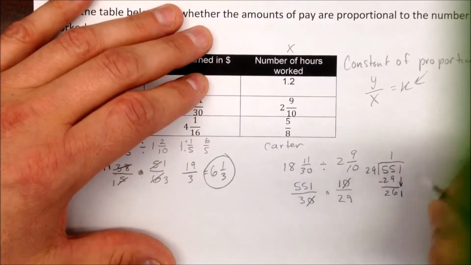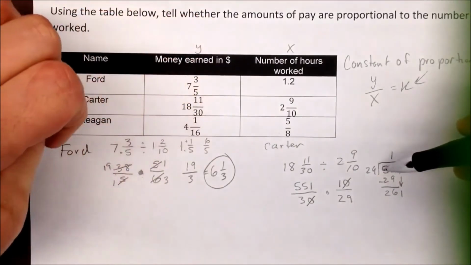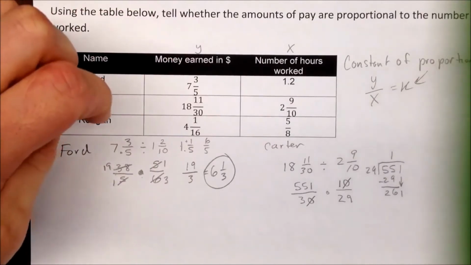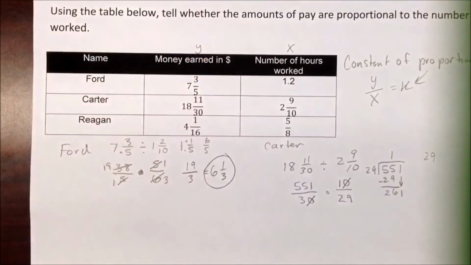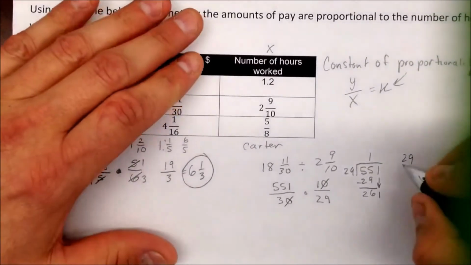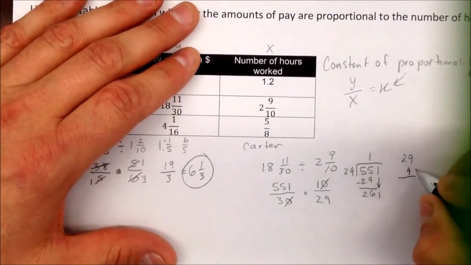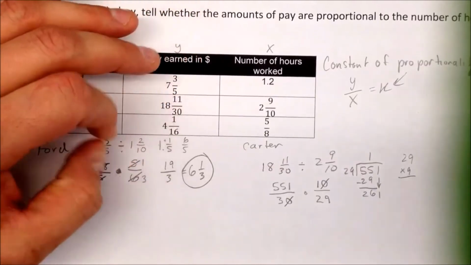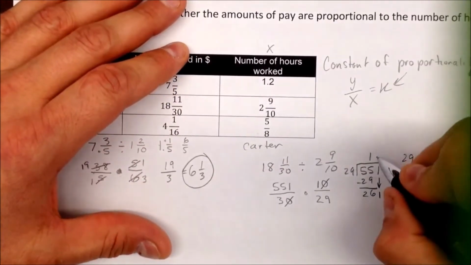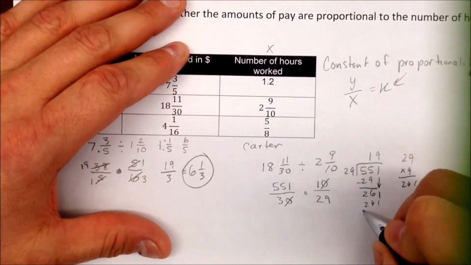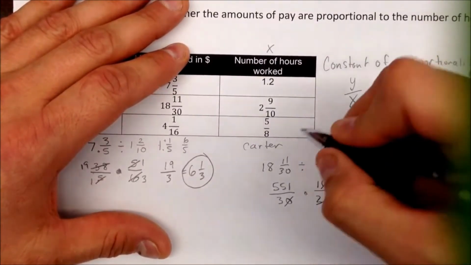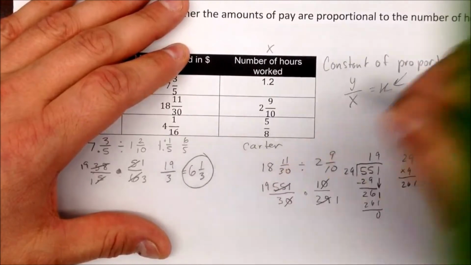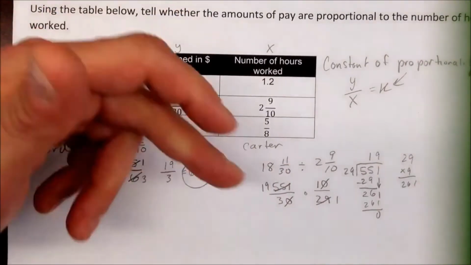And bring down a 1. It's awful close to 10 times. Let's try 9. 29 times 9 is my guess. That equals 261. Awesome. So this is 9. Save ourselves a lot of work here, really. So now that means I know this goes into here 19 times. If you don't want to do it, you can long divide those whole numbers out too.